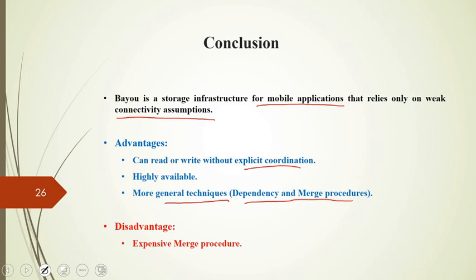The main disadvantage of the Bayou distributed system is its expensive merge procedure. As I have said, if a new transaction or process arrives with a timestamp earlier than the last executed one, we have to insert the new write operation with the earlier timestamp order and rerun all the client processes again.